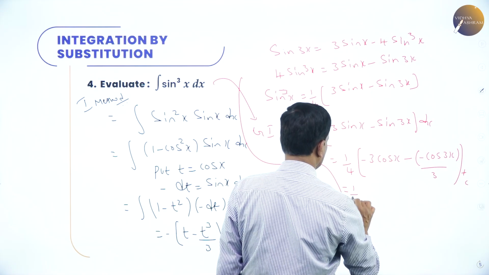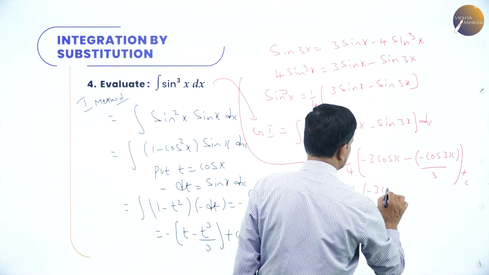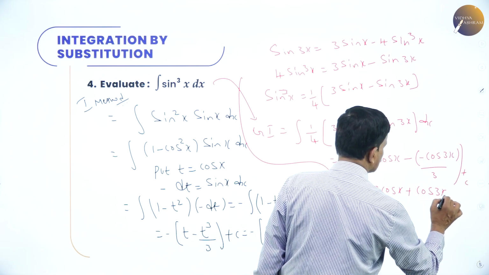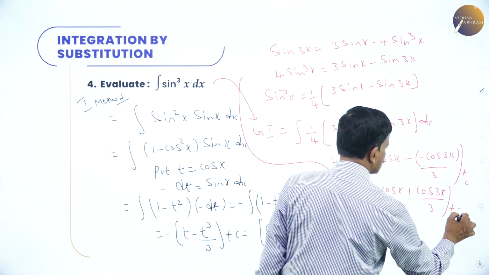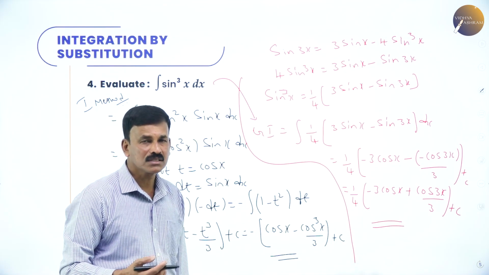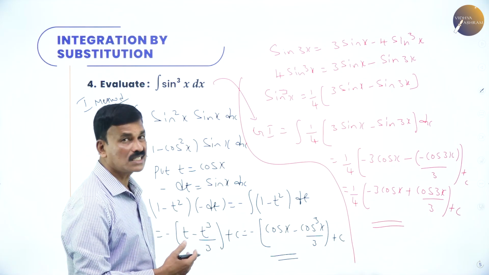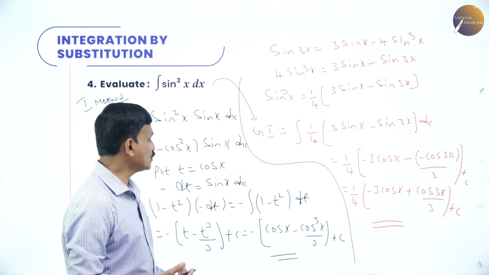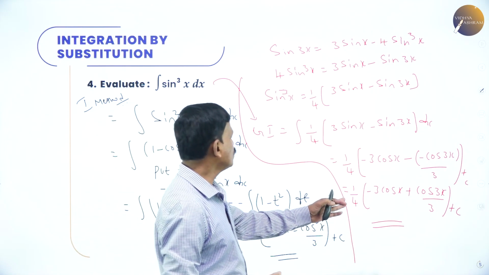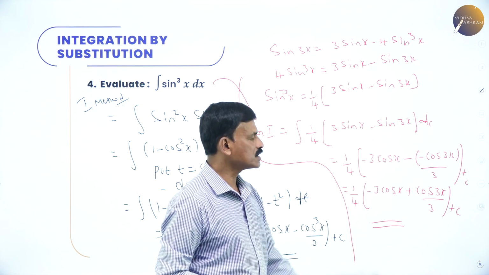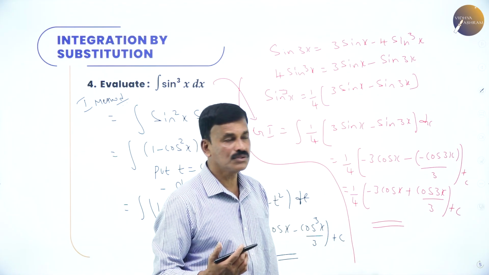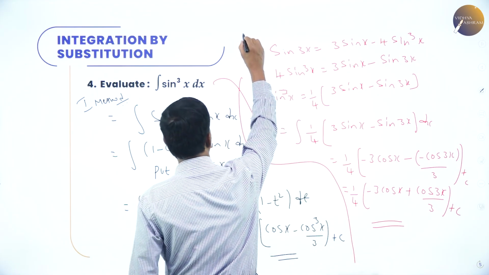This is 1 over 4 times minus 3 cos x plus cos 3x divided by 3 plus c, the integrated answer. So you can also solve like this. Both methods are the same. That's why these are called indefinite integrals. Your answer is minus cos x plus cos cube x by 3, whereas here it is 1 by 4 into minus 3 cos x plus cos 3x divided by 3 plus c. This is how we are going to solve. Any method you can use to solve this. This is the second method.